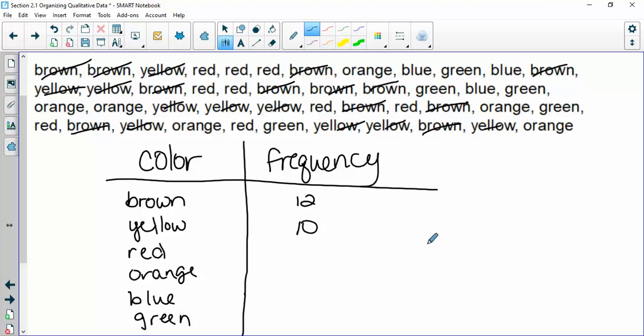Red. Nine. Orange. Blue, three. Green, 5.